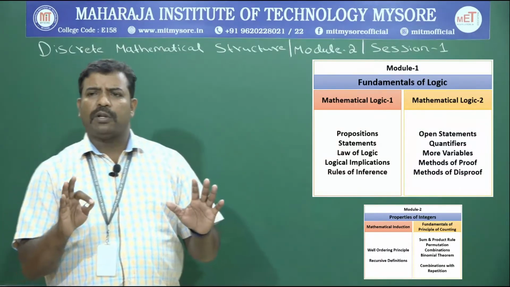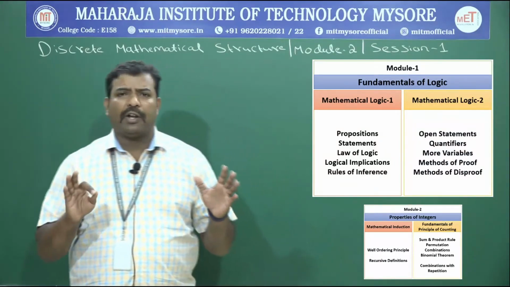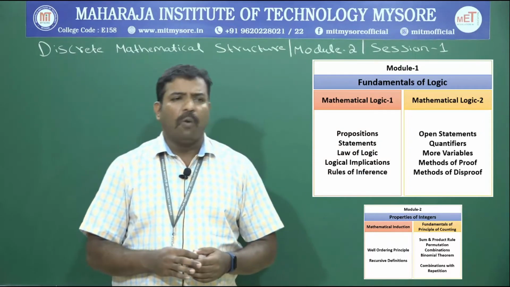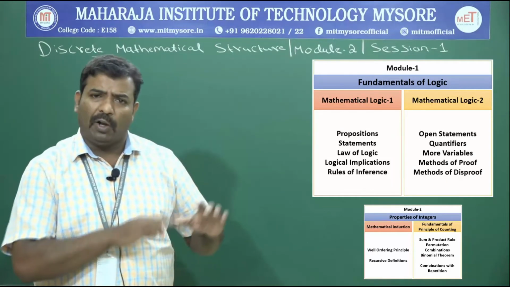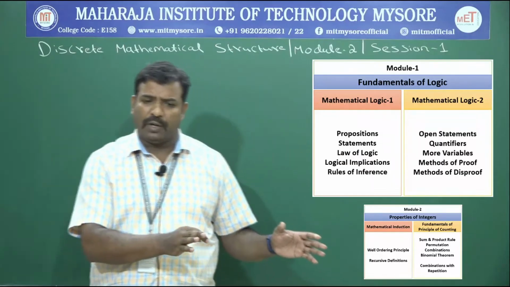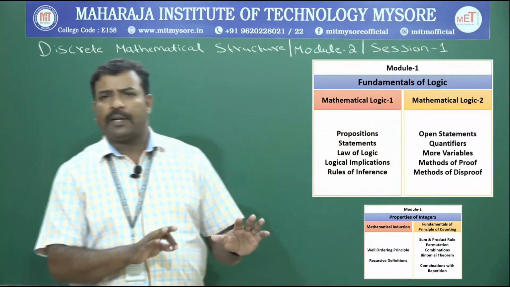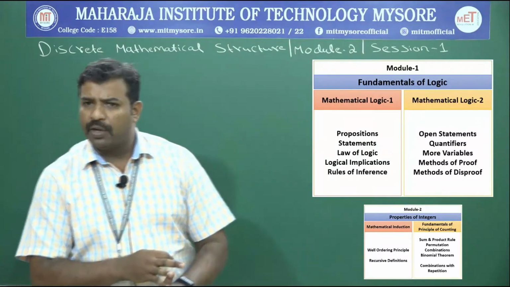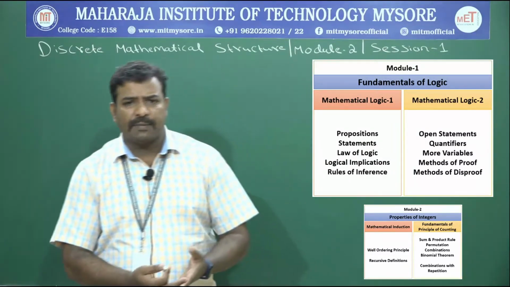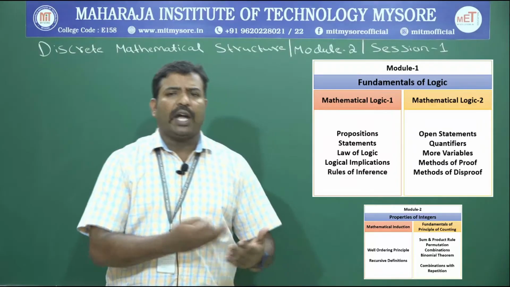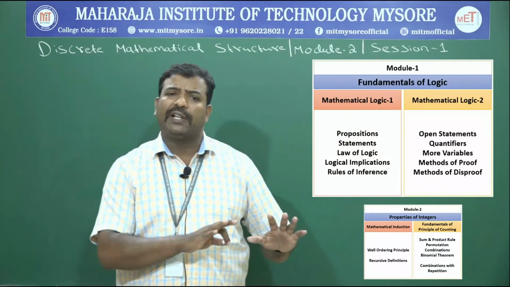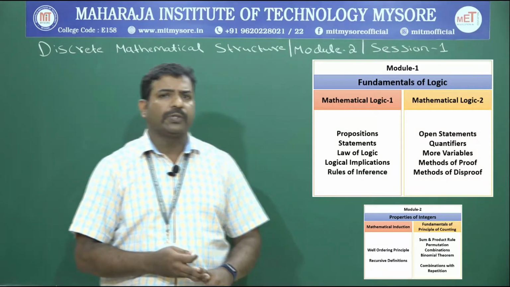Hence, the first module has been clearly divided into two parts. The first part was all about mathematical logic 1, and the other part, mathematical logic 2. In mathematical logic 1, you studied the proposition and the statement along with the truth values, the truth tables and the logical connectors which we are going to make use of.